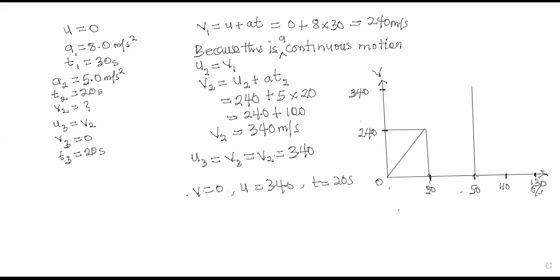So this time of 20 seconds must correspond to this velocity, and the slope would look like this. Then the motion is maintained within 60 seconds.